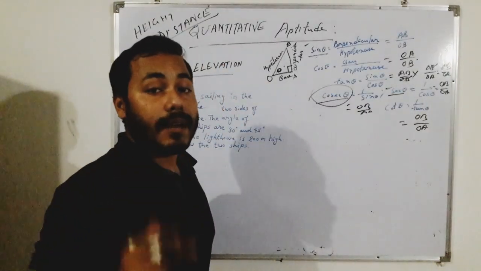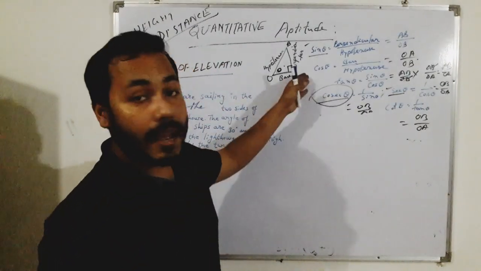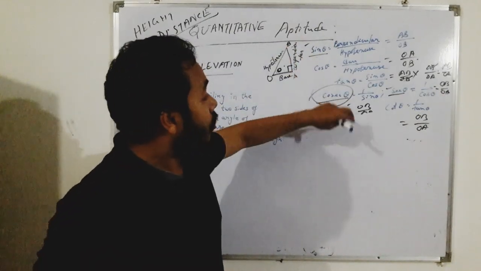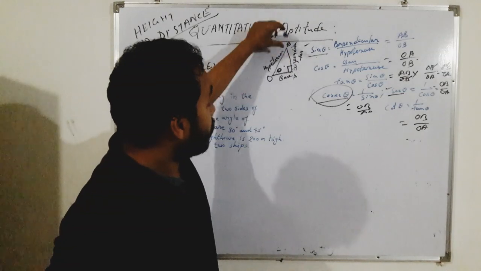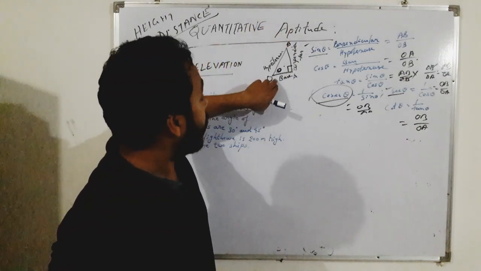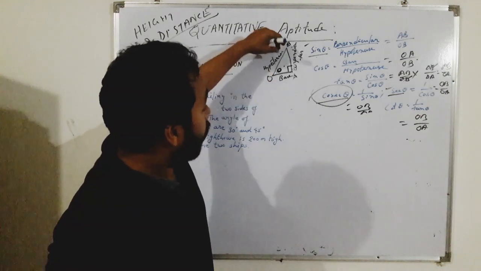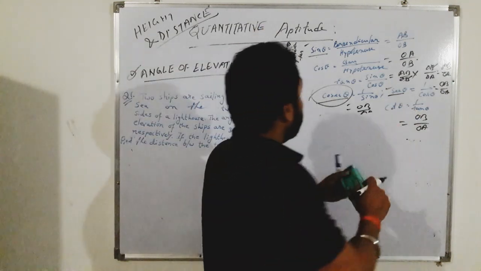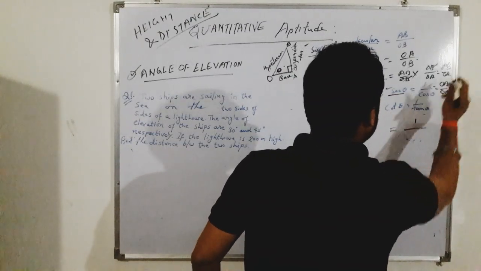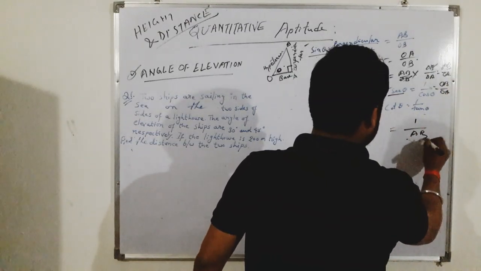Clear? Now cot theta. Cot theta is 1 by tan theta. You know tan theta is height divided by base, so just reverse it. This is base divided by height, that is perpendicular. Then we will get the cot of theta, which means 1 by tan theta. You have tan theta as AB by OA, isn't it?